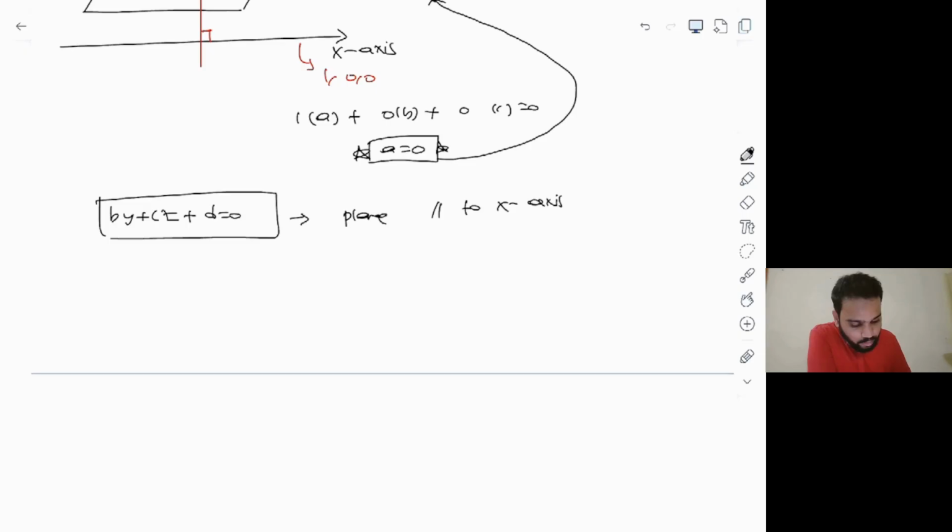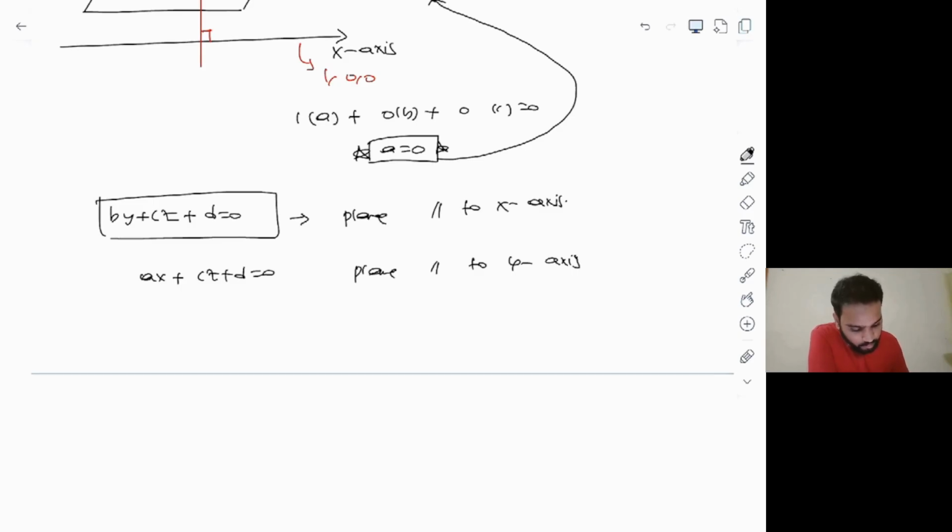Okay, so the simple trick to remember is, whenever a plane is parallel to the x-axis, there won't be any x term in the general form of the plane equation. Similarly, you can write down the other two also. If a plane is parallel to the y-axis, it will be of the form ax plus cz plus d is equal to 0.